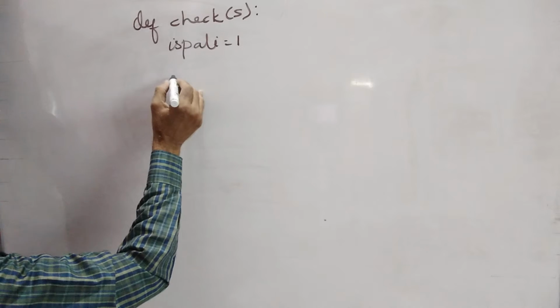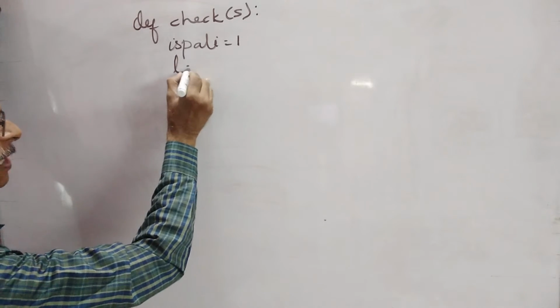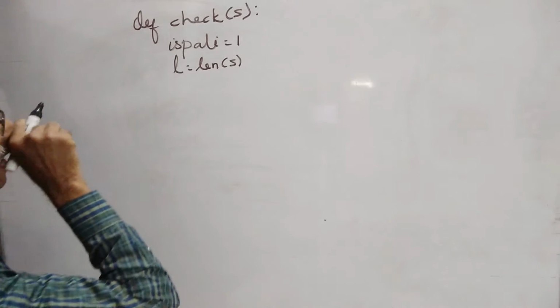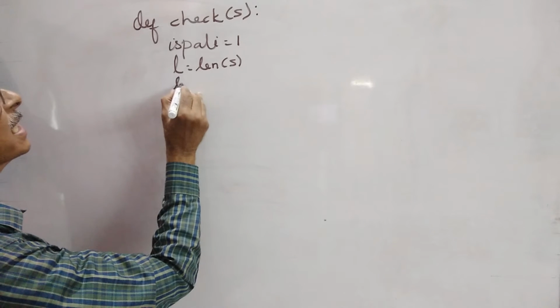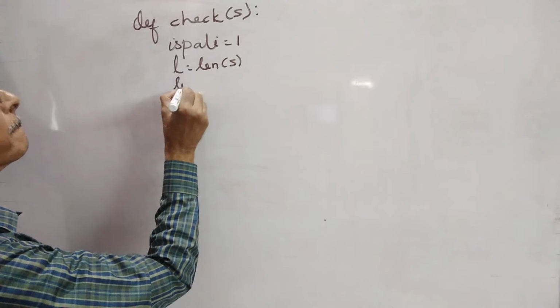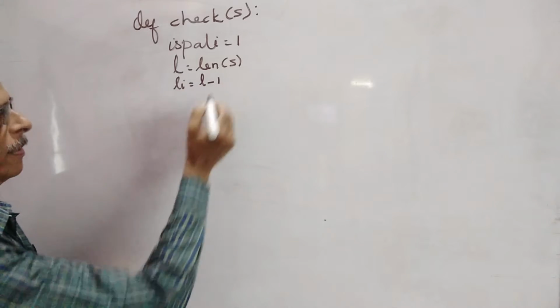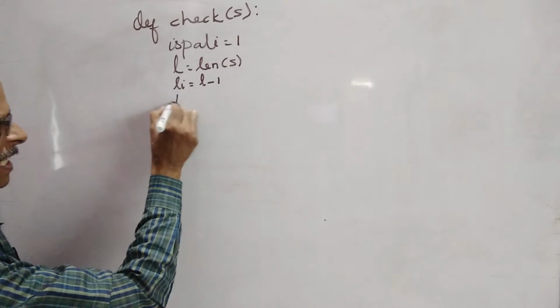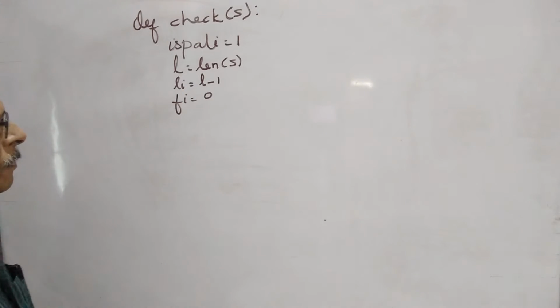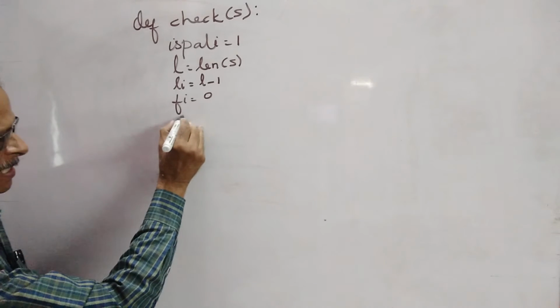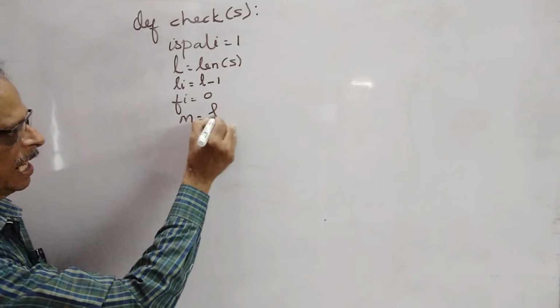We have to find out the number of characters. For that we are using the len function, which gives the number of characters in a string. Last index equals L minus 1. First index equals 0. Mid index equals L by 2.